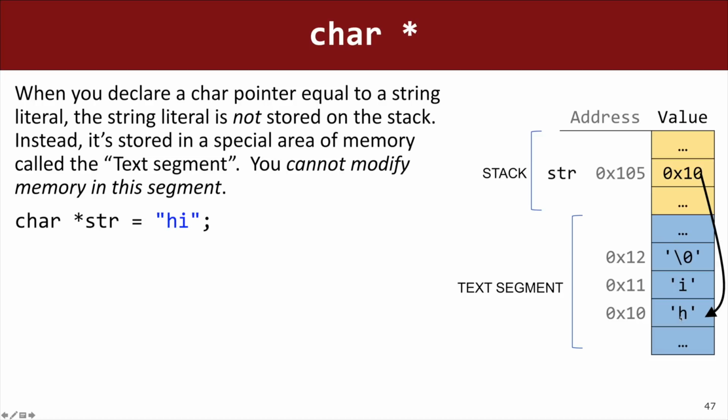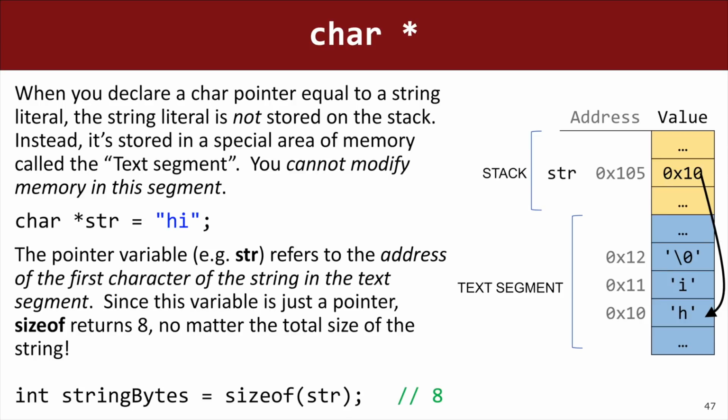Now, as I mentioned, the pointer refers to the address of the first character. What this means is this variable is just a pointer. Str is just a pointer. It's not an array of characters. And so when you call sizeof on this pointer, it returns the size of the pointer, which is always 8 bytes, no matter the total size of the string that it points to. So this is something important to keep in mind.